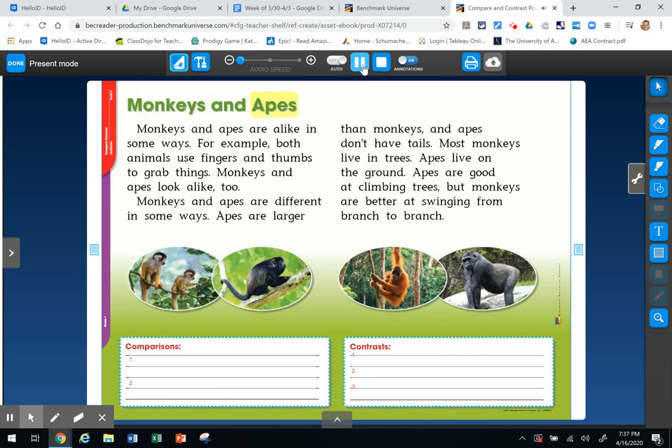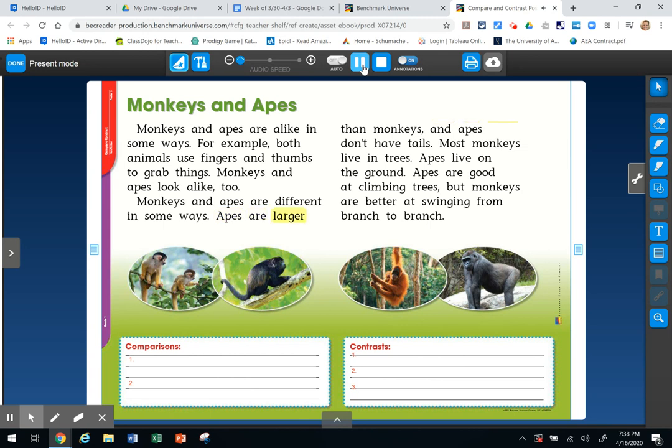Monkeys and apes. Monkeys and apes are alike in some ways. For example, both animals use fingers and thumbs to grab things. Monkeys and apes look alike too. Monkeys and apes are different in some ways.